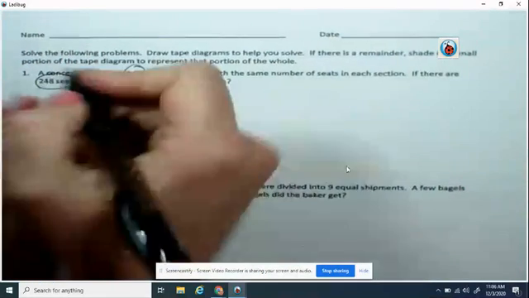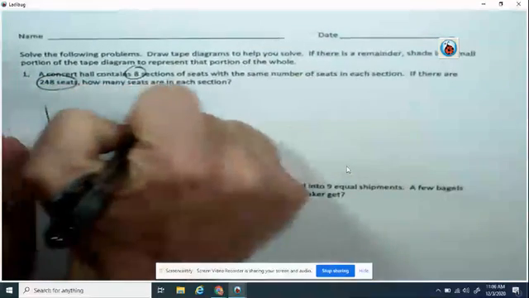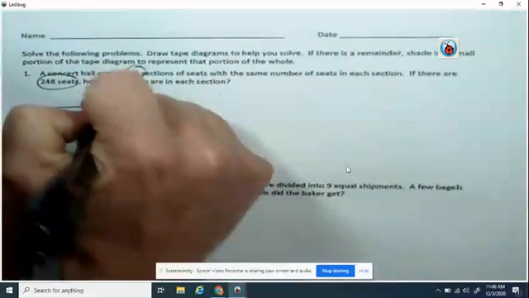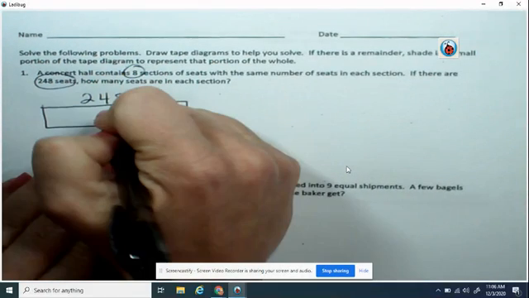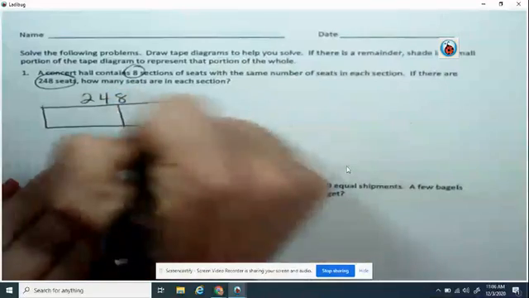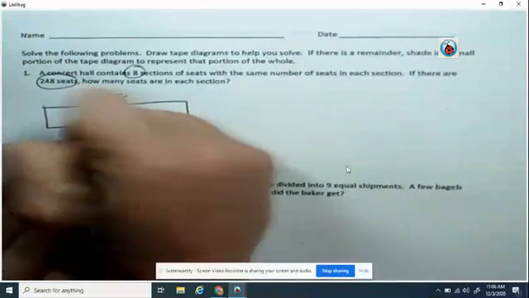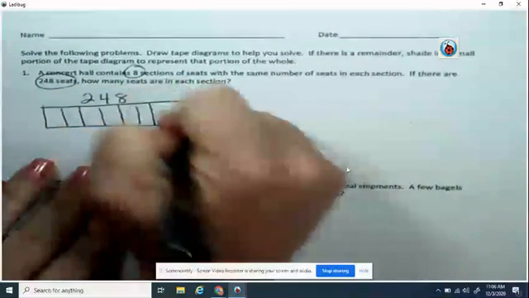Okay, so what we're doing is we have 248 total seats, and we know for sure that they're going to be divided into 8. So I'm going to use partitioning like we do for fractions, and I'm going to partition this into fourths first and then into eighths.